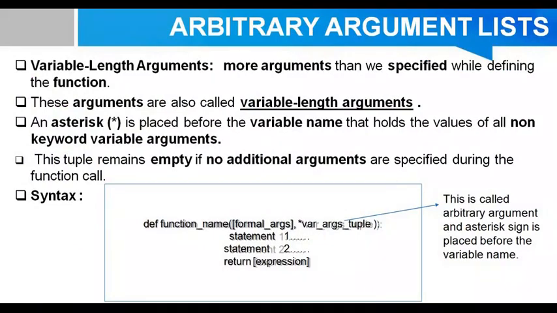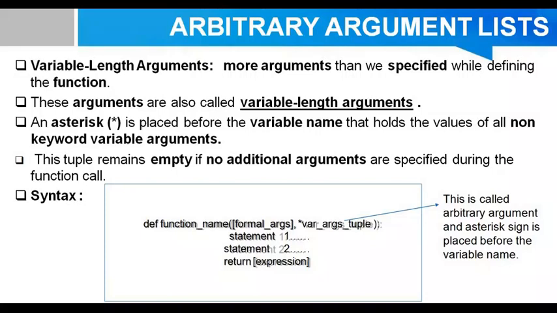Multiple arguments are maintained by using tuples. An asterisk is used for this purpose and is placed before the variable name that holds the values of all non-keyword variable arguments. It is also called variable length arguments. This tuple remains empty if no additional arguments are specified during the function call.